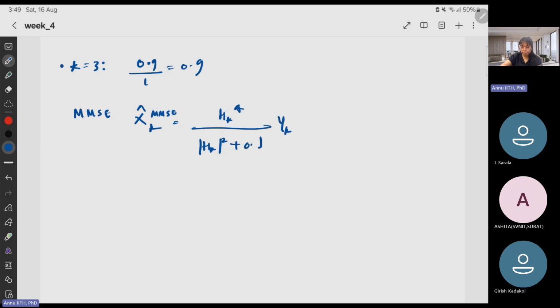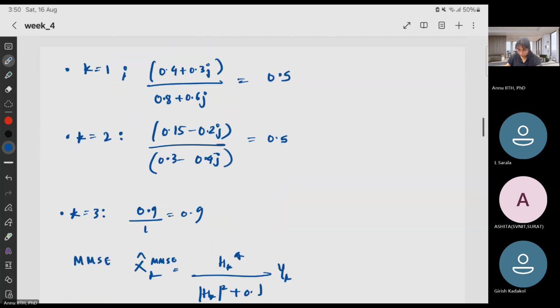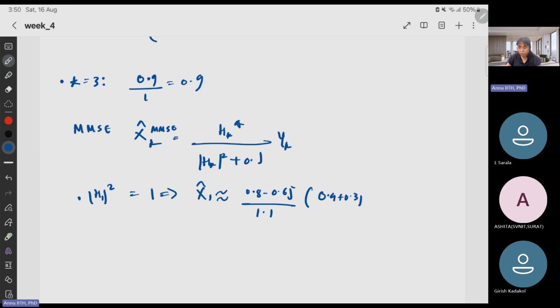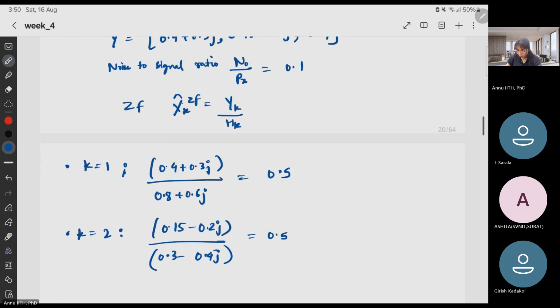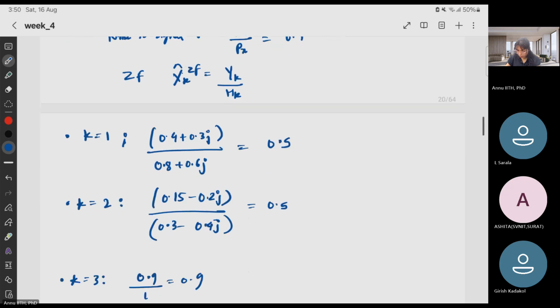In that case, mod h1 square is equal to 1, so x cap is 0.8 minus 0.6j divided by 1.1, times 0.4 plus 0.3j. This 1.1, how did it come? It is mod h k square, 1, plus 0.1.